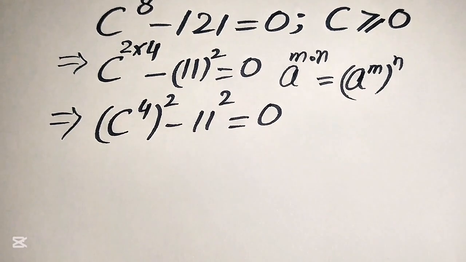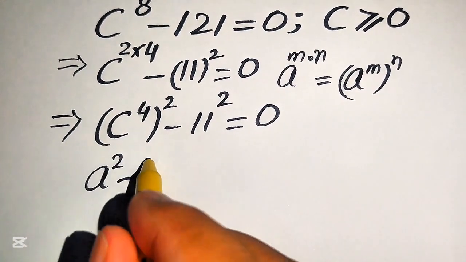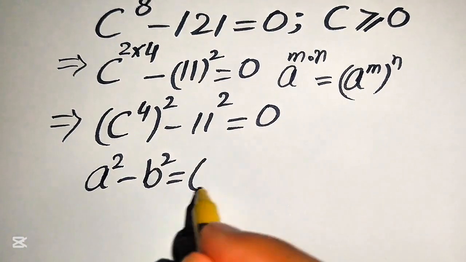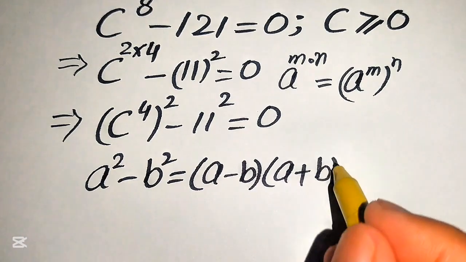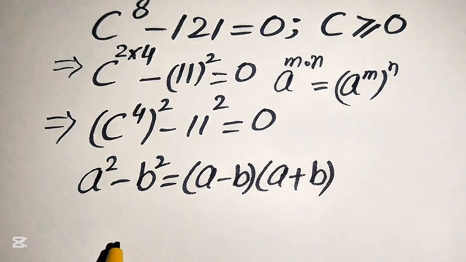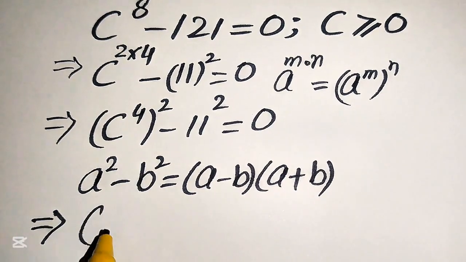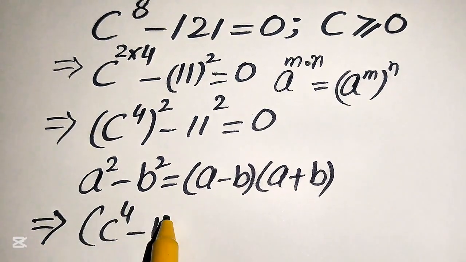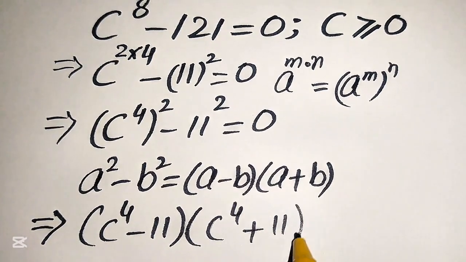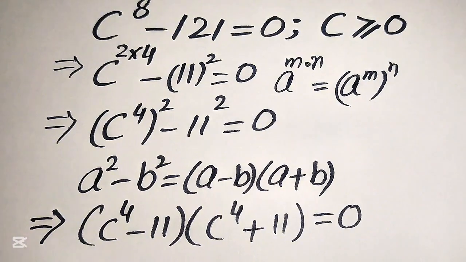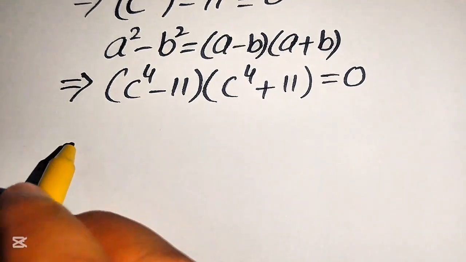Now in the next step we use the algebraic formula. You know that a square minus b square equals a minus b times a plus b. According to this formula, we can expand the equation as c to the power of 4 minus 11 into c to the power of 4 plus 11, and this whole equation equals 0. Now we divide this equation into two cases.